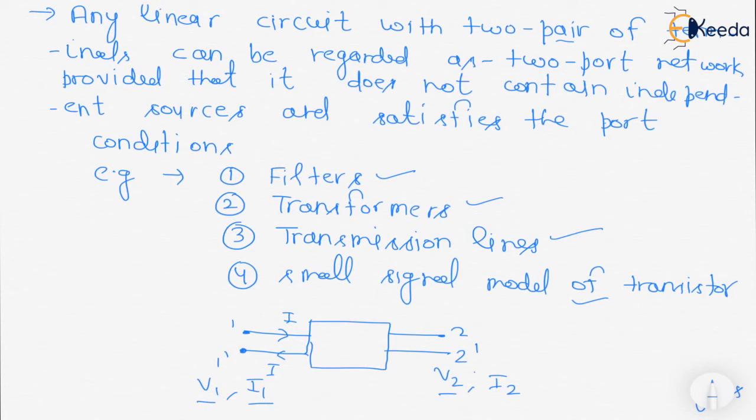So there are four parameters V1, I1 and V2 and I2, in which 2 will be independent variables and 2 will be dependent variables.